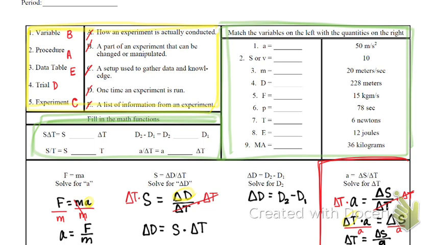Remember, those are just subscripts, saying the second one and the first one. What do we do to get D2 by itself? Add D1 on both sides. So D2 equals delta D plus D1. Okay, questions there about moving things around?